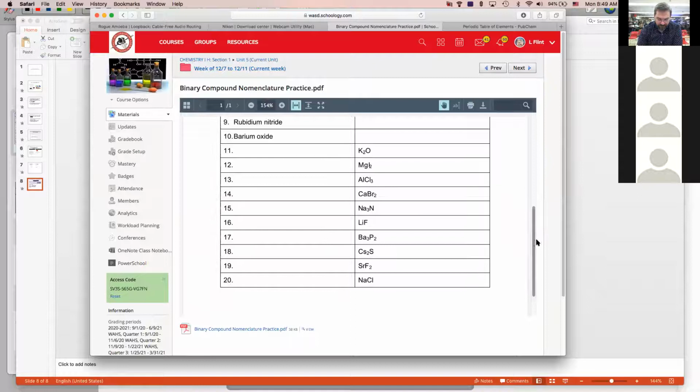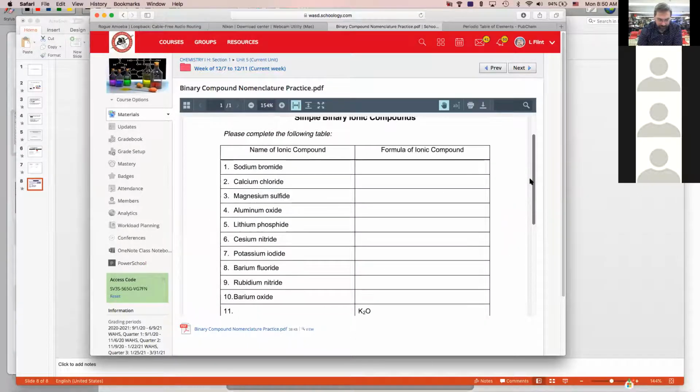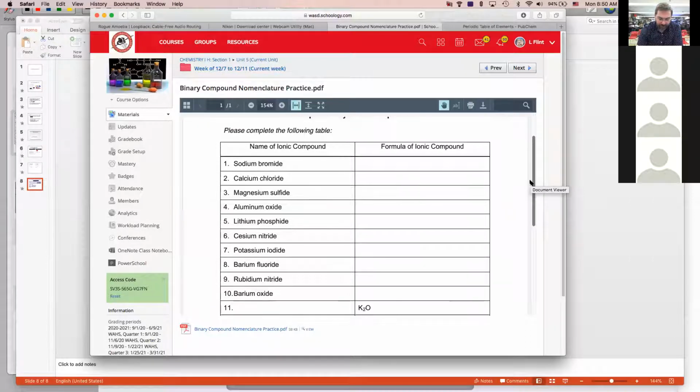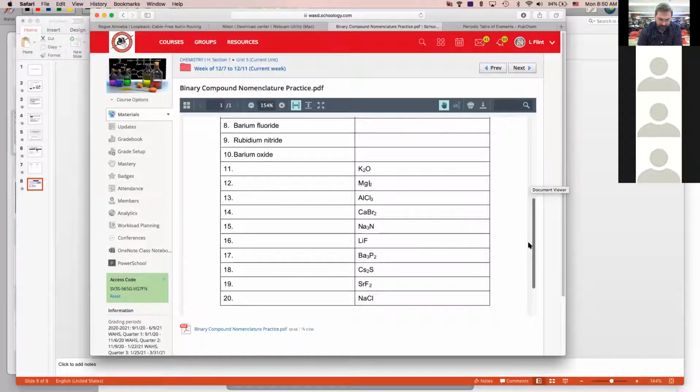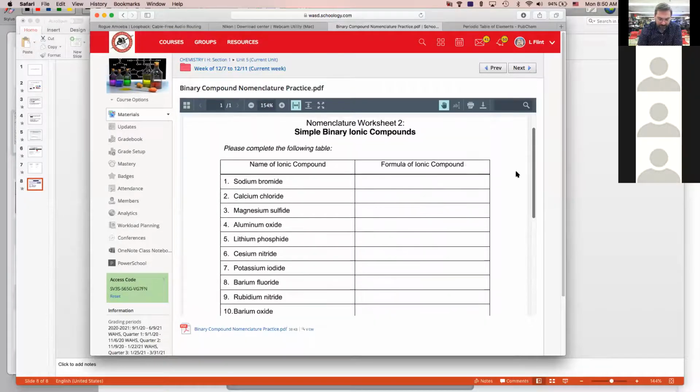The second part has formulas, and we want to write the names. This is the practice that I want to do with you, so that you can see how names and formulas for ionic compounds are written. There are 10 names, we're going to write 10 formulas, and then there are 10 formulas, and we're going to write 10 names. And you need to be able to do this quickly and efficiently.